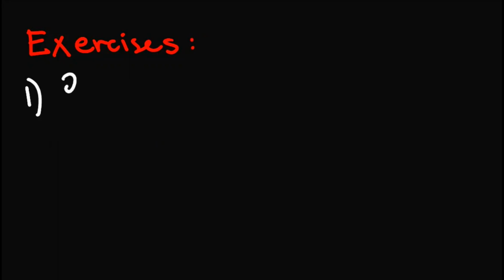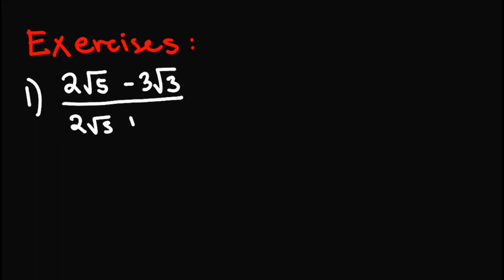And as exercises, since we have prepared two exercises here, you can work on rationalizing 2 square root of 5 minus 3 square root of 3 over 2 square root of 5 plus 3 square root of 3.